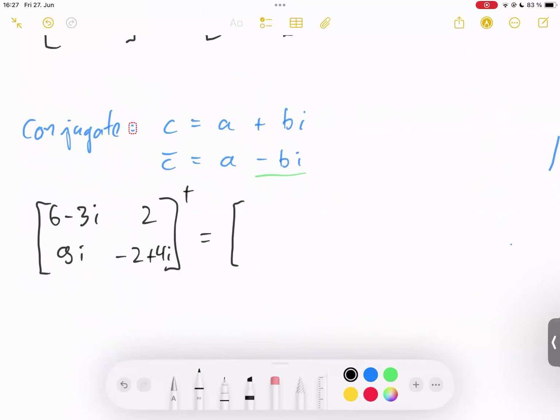I want you to send in the chat what you think the adjoint of this matrix is. This matrix is not unitary, not at all, but I want to know its adjoint. Let us know in the chat what you think it would look like.